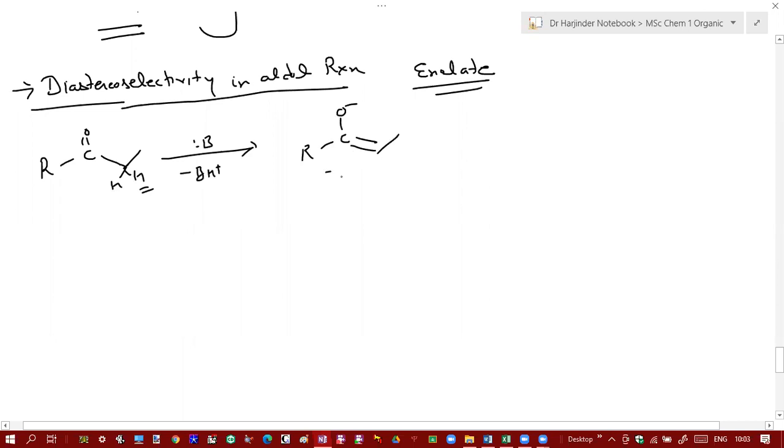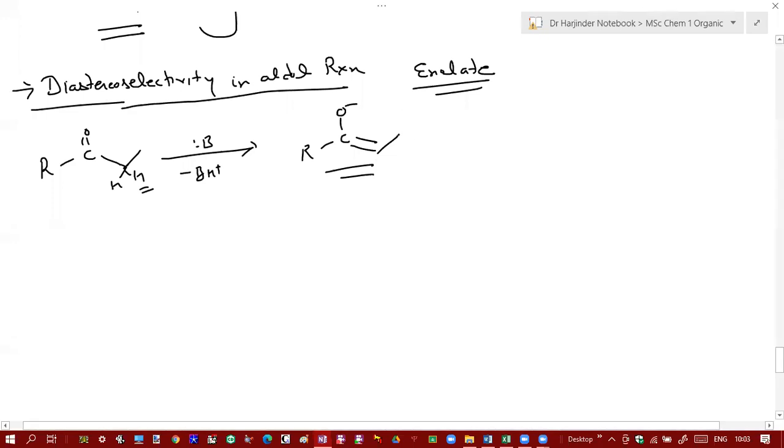Now this enolate can exist in two geometrical isomeric forms. What are those? E and Z. You can see there is a double bond, so it can exist in two geometrical isomeric forms.